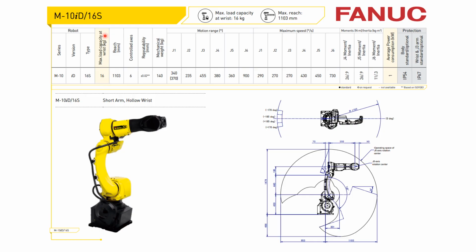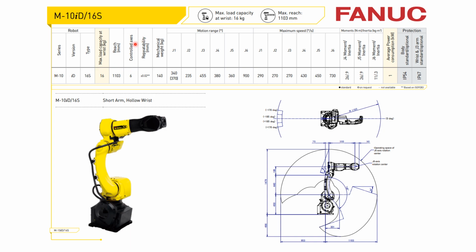That is one of the important parameters, and for this robot configuration it is 16 kg. Then the reach, as we discussed, is how far its arm can move maximum in, let's say, the horizontal direction, and this is the vertical reach. Over here you can see from the bottom of the robot to the top, and this is from the center of the robot to the extreme end. This is the horizontal reach, and this is the vertical reach.